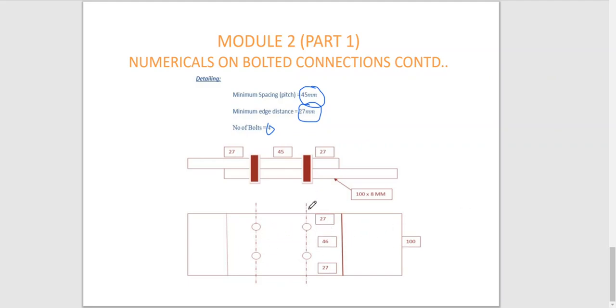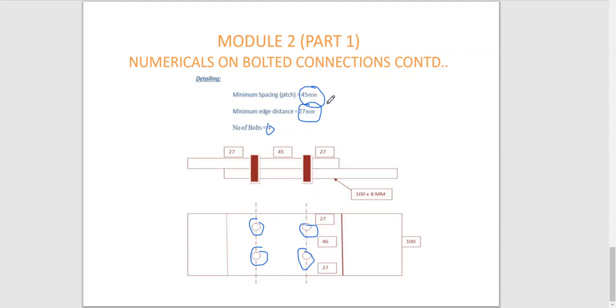In the plan you can see one line of bolts, and another line of bolts here. So in total there are 4 bolts in 2 lines of bolts, and the pitch is 45 mm.